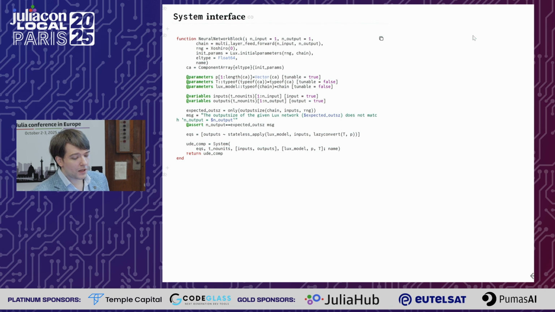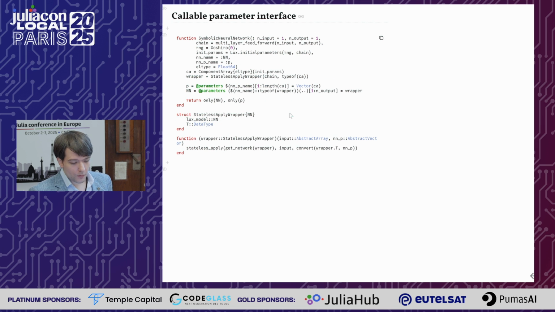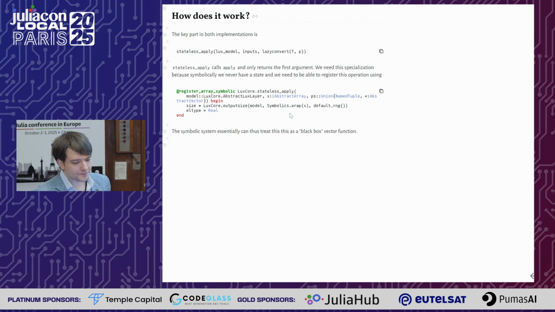And this is just a normal looking system with MTK v10, where we have some equations, and as you can see here, the equation is just getting the output from the Lux model with the given inputs. We also have a callable parameter interface, so if you want to say NN of my input, then you just treat that as a callable parameter, so again, it's just a normal callable parameter in MTK.